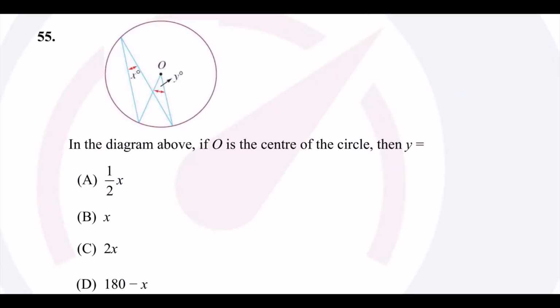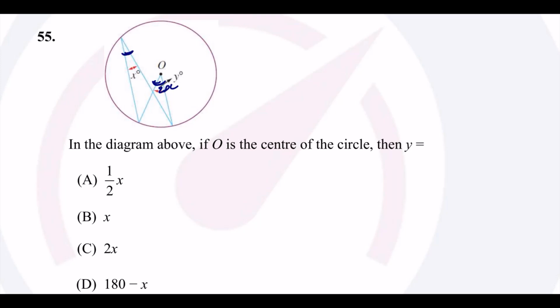Alright, question 55. In the diagram above, if O is the center of the circle, then y is equal to what? This is just a question testing if you know the circle theorem that says the angle at the center is 2 times the size of the angle at the circumference on the same arc or chord.